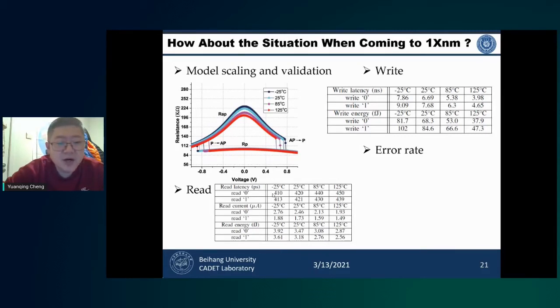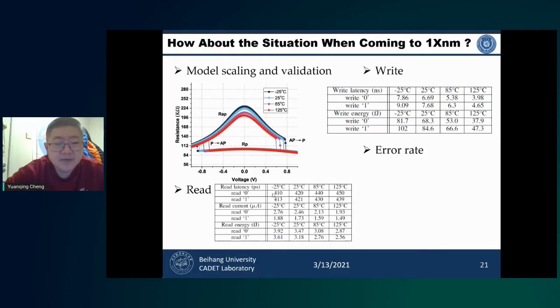We also use a similar flow to develop our Verilog-A model that is calibrated with the measurements of the fabrication prototype. With this model, we evaluate the read and the write behavior.